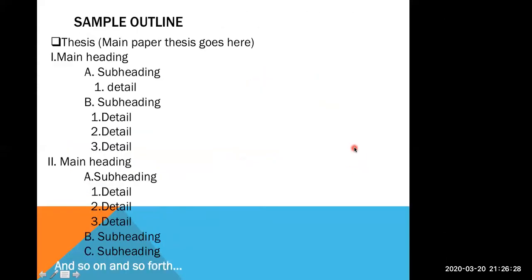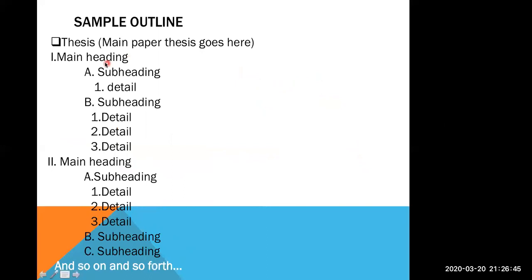I will give you a sample outline, which seems to be very easy. In the first part, you should include your thesis statement or research claim, placed at the very beginning of your introductory part.